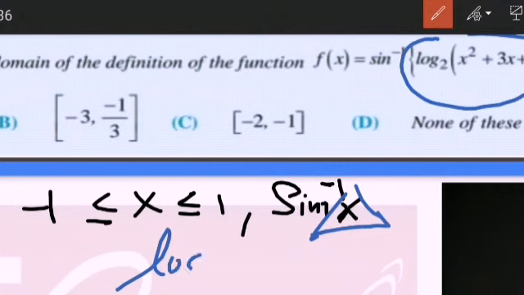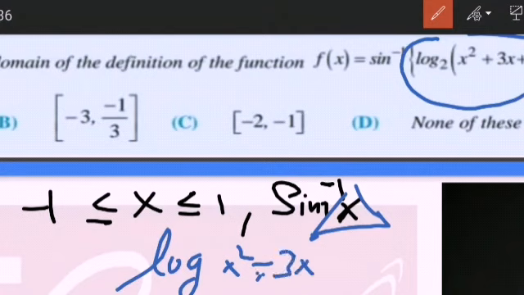Here x square plus 3x plus 4 must be entirely positive, because we can take the log of positive numbers only.